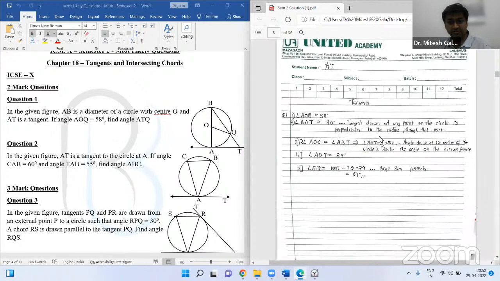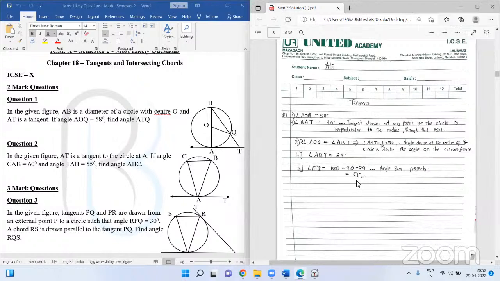So that's the first question. What we're going to do is, if this is 58, you can find ABQ, and you can say this is 90. ABQ, the angle at the circumference, is 29. Then 29 and 90, so you can find this third angle easily by the angle sum property. It should be 61. Everybody got this 61? Yes, sir.